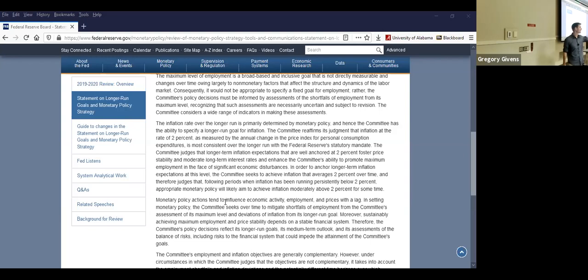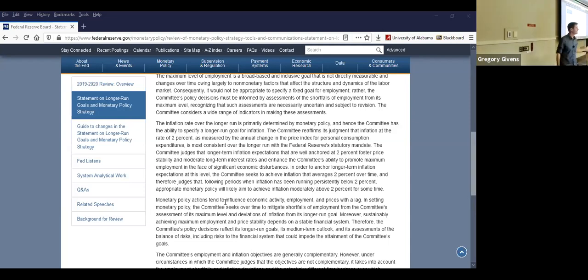There's two important things I want you guys to remember here. With regard to price stability, the Fed makes two things clear. It has a specific inflation target of 2%. Not 1%, not 3%, not 0%, but 2%. I don't know why 2% is a magic number for them, but that's the number that they've selected.